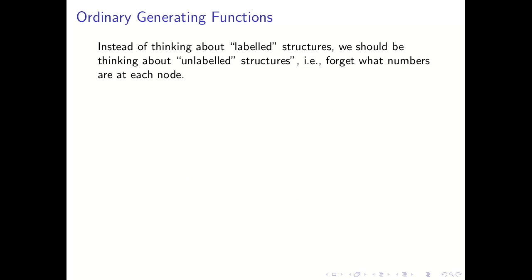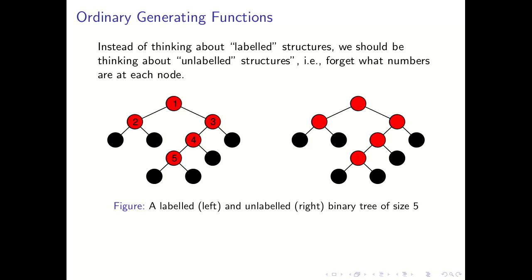And so, what do I mean when I say an unlabeled structure? Well, here are some binary trees of size 5, and on the left I have a labeled one. That is, I've marked all the nodes with a number 1, 2, 3, 4, and a 5. Whereas on the right, I've left them all blank. If you like, I've forgotten what the labels were.